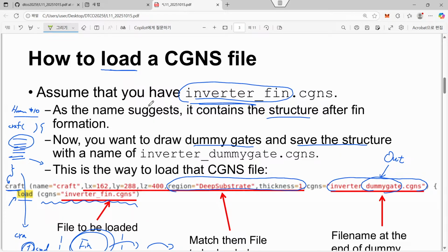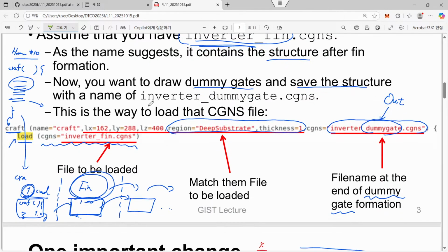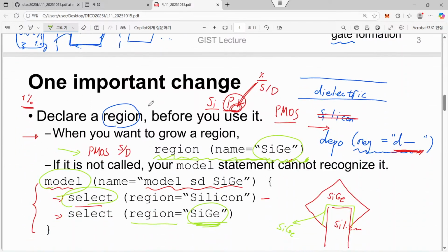So the reason why I give you this homework number 11 is just to test the correctness or compatibility of your new implementation and your previous one, and you can show me that you can generate the previous result without any difficulty. That is the reason why I give you homework number 11.